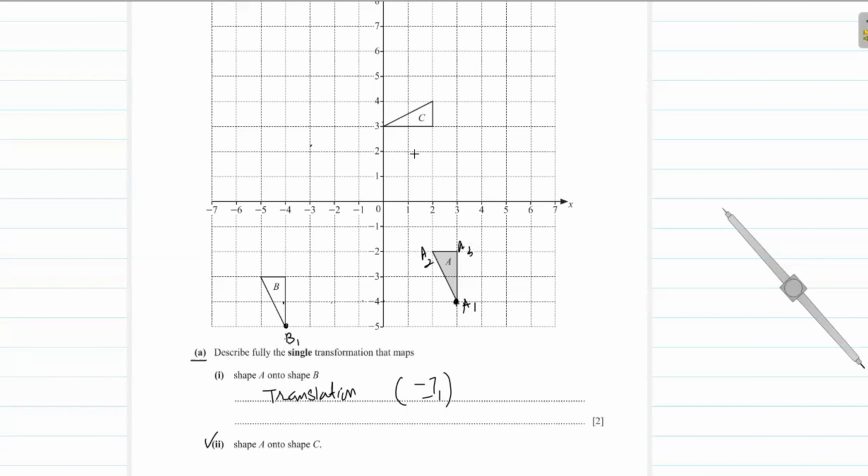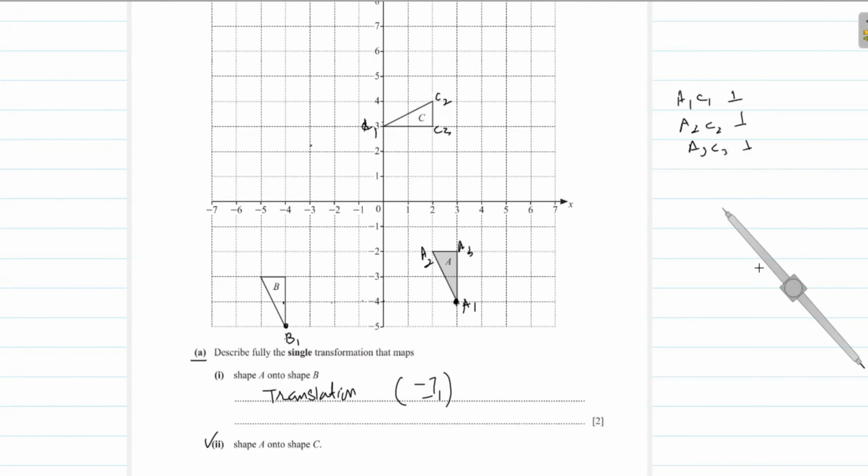Next we mark C1, C2 and C3. Now we will draw the perpendicular bisector between A1 and C1. Next we will draw the perpendicular bisectors of A2C2 and A3C3. Where these perpendicular bisectors intersect, this point will be the center of rotation.